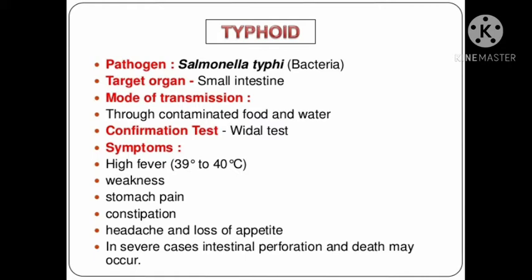That means the person affected is disinterested in eating, therefore of course causing weakness. In severe cases of typhoid fever, it could cause pores in the small intestine and death can occur. So intestinal perforations are seen.